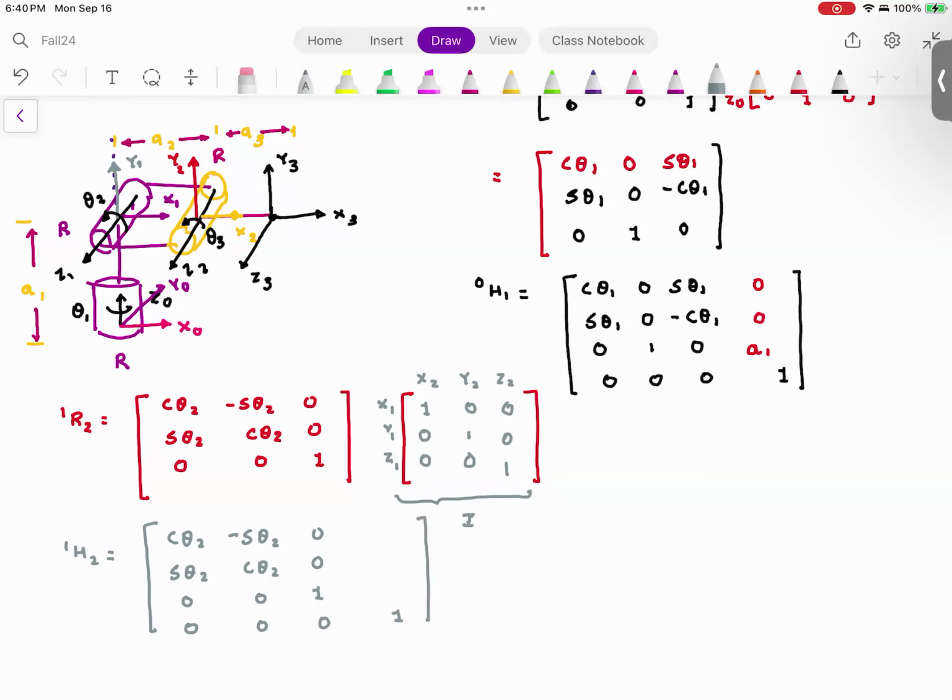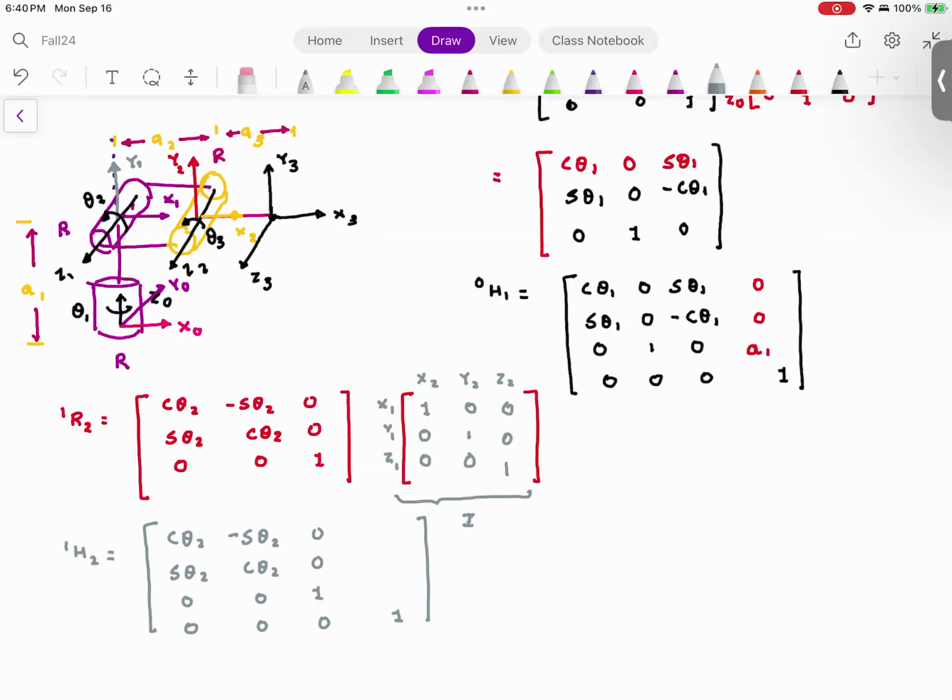Now, next thing, what we want to do is find out, so here is the critical part. Frame number X2, Y2, Z2: how far is it from frame X1, Y1, Z1?